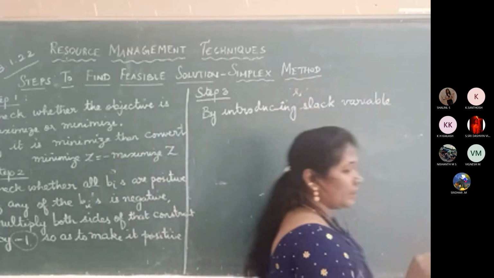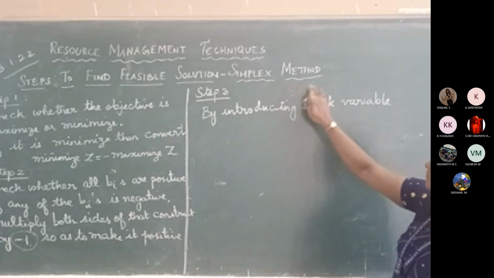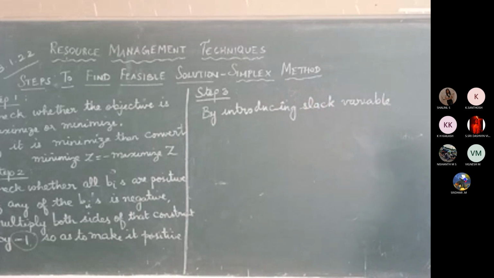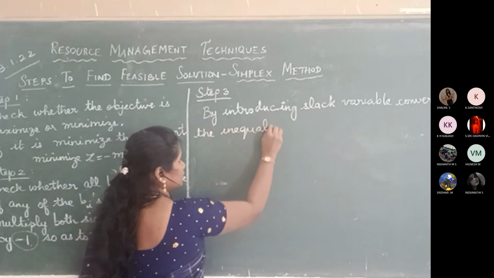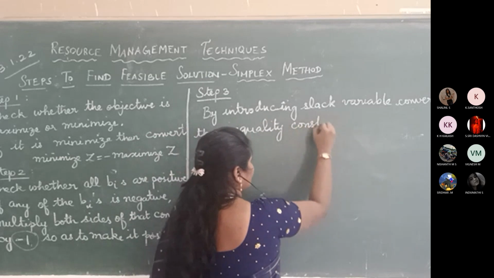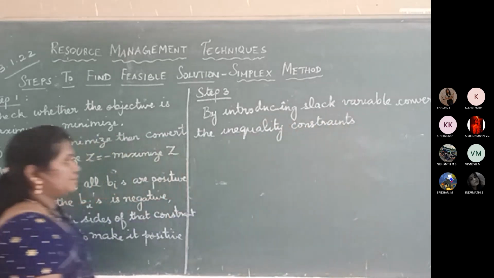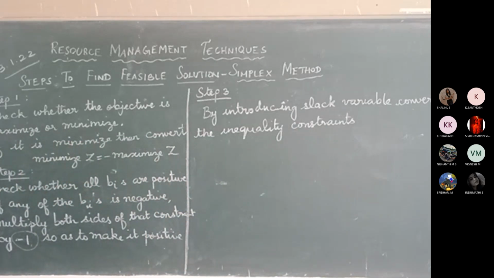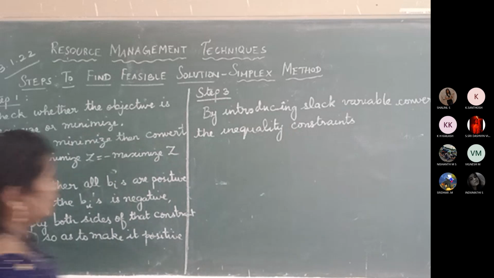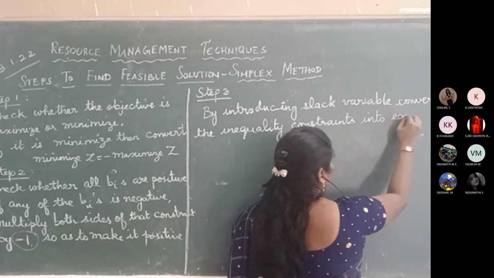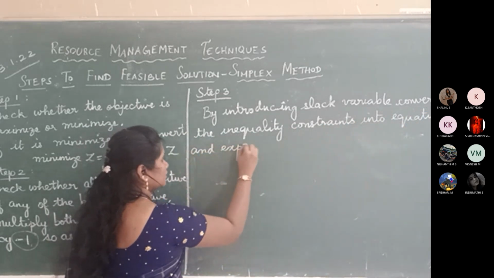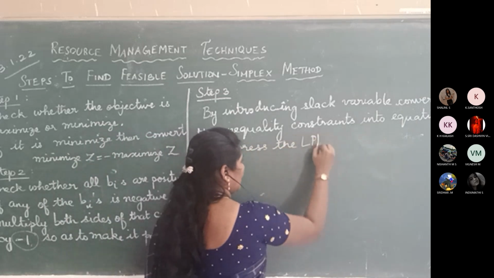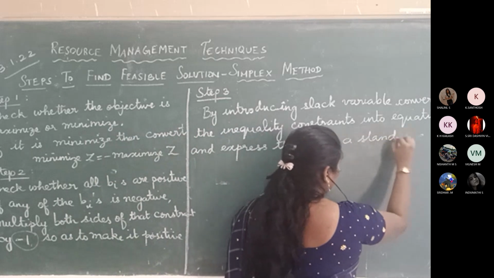By introducing slack variables, convert the inequality constraints into equations and express the LPP in standard form.